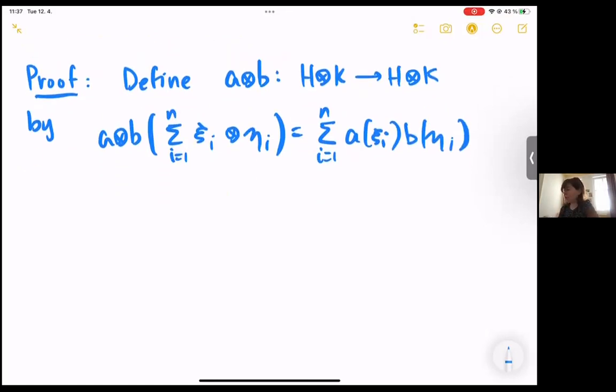And what we need to show is that this is going to define a linear operator. That's pretty straightforward to show. And that it's well defined as an element of the tensor product. So I'll leave that as a little exercise, I suppose.